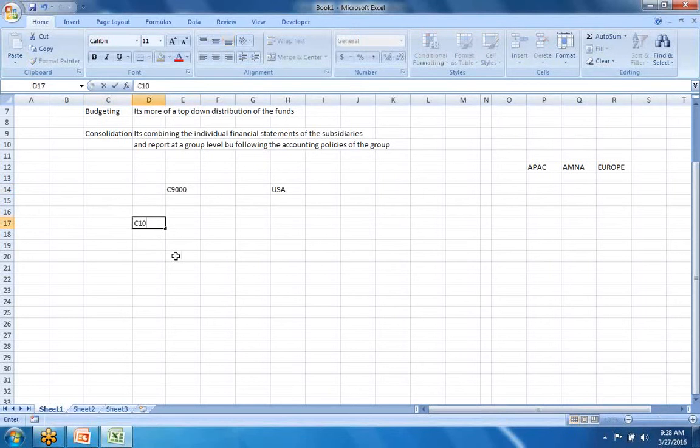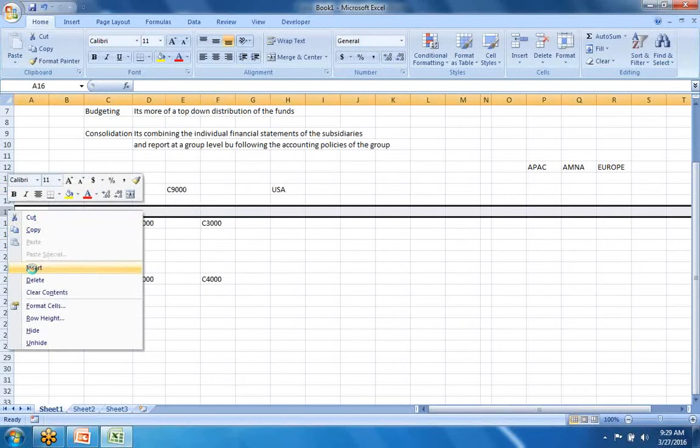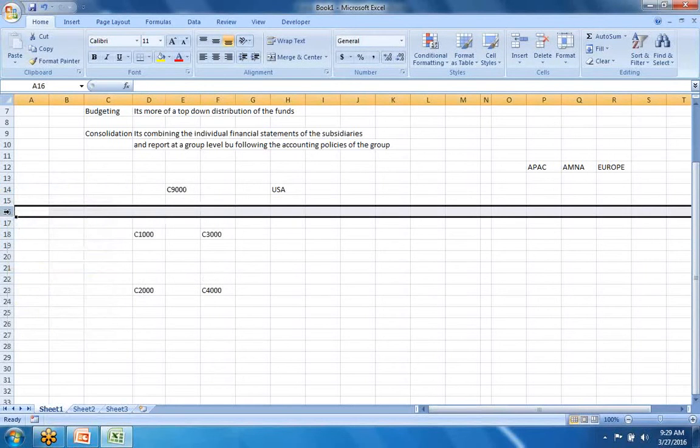So let us assume that C1000 is a subsidiary, C2000 is a subsidiary, C3000, C4000, and C9000 is located in USA and it is my parent company.